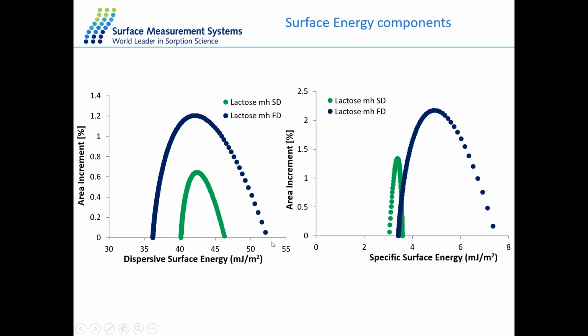The much wider peak width correlates to the freeze-dried material. We've also analyzed based on specific surface energy. Again, we have a very narrow and sharp peak for the lactose monohydrate spray-dried sample, and a much wider peak for the freeze-dried sample. The spray-dried material is much more homogeneous based on a narrow peak, and the freeze-dried material is much more heterogeneous based on a much wider peak.